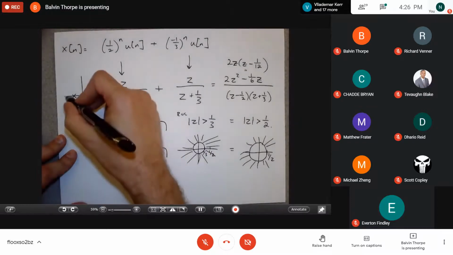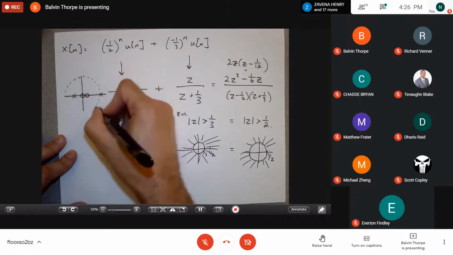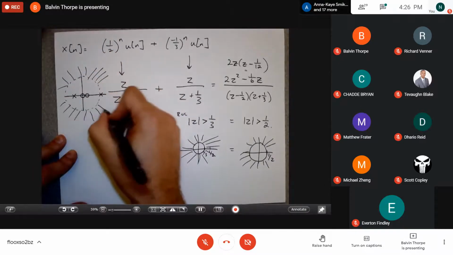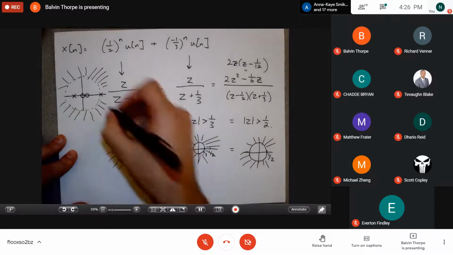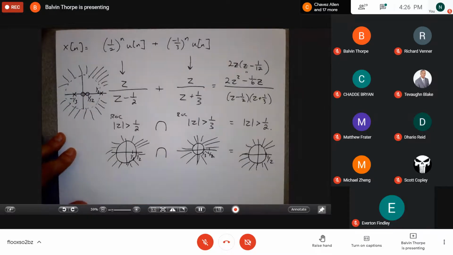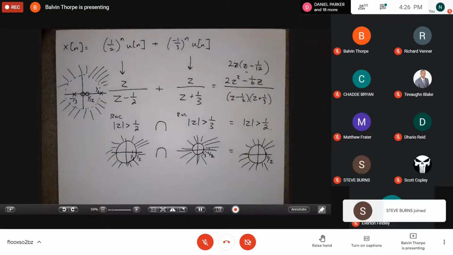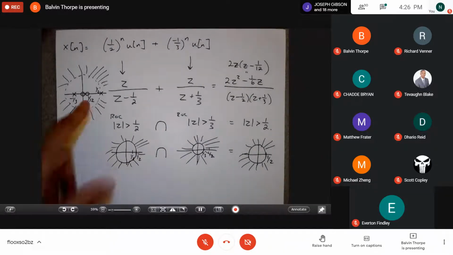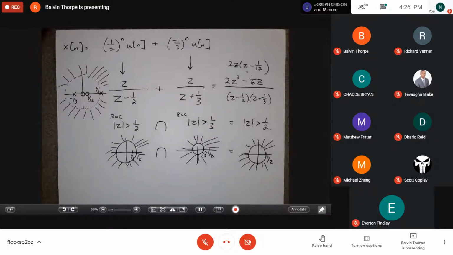And then my ROC looks like a circle that extends out from a half. As you can see here, somehow the ROC is related to the poles, and we're going to see that more generally. The zeros don't really play any role in what the ROC could be, but the poles play a huge role, because I need to look at the things that involve the denominator.